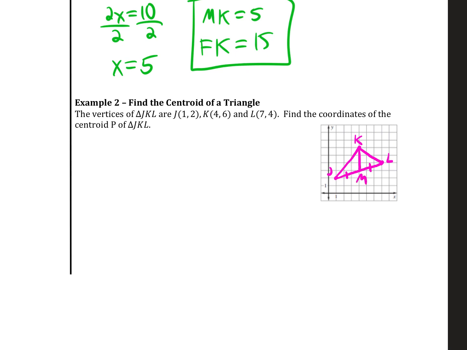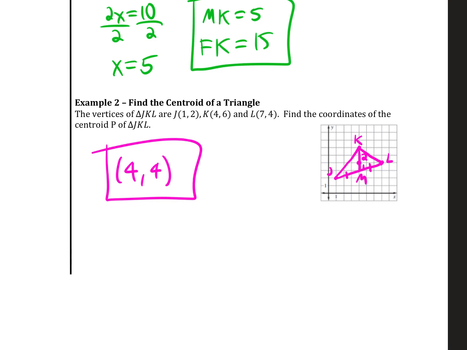Basically, the centroid is going to be 2/3 of the way from K to M on the other side, and 1/3 of the way from the centroid to the other side. So it's actually going to be right here, because this would be 2 boxes and this would be 1 box. That's going to be our centroid, which is going to be 4, 4. All right, and that is it. That is the centroid. That example is not that great, but I just wanted to go through it anyways.